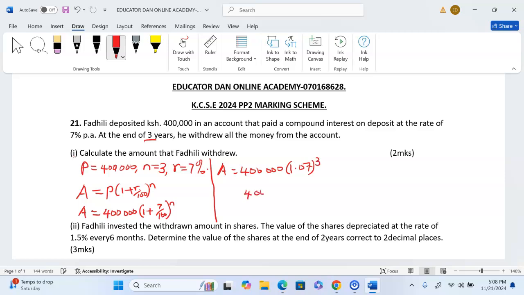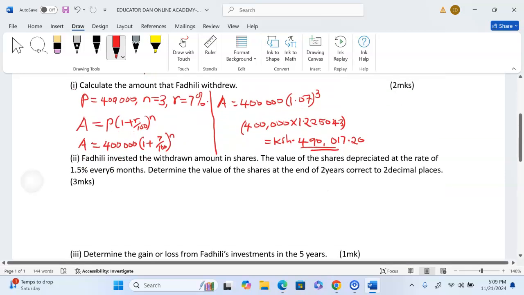And this is going to be 400,000 multiplied by the brackets, which give us 1.225043, and this is going to give us an amount equivalent to 490,017.20 shillings.